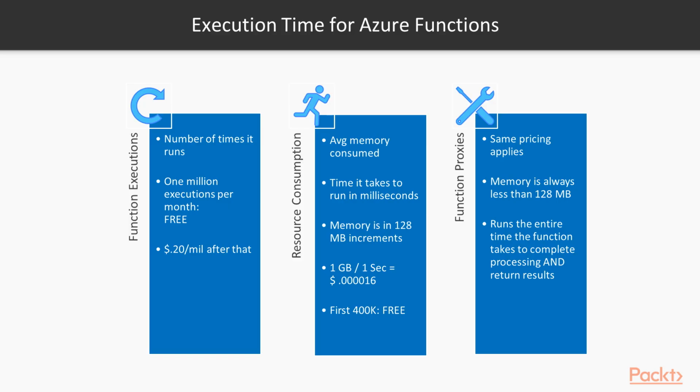And finally, it's important to know that this is not the only model that you can pay for your Azure Functions. If the consumption plan is not something that you're excited about, you might not want to have a very low cost one month and then a very high one. There's another method that you can use to pay for your Azure Functions, and that's the app service plan.